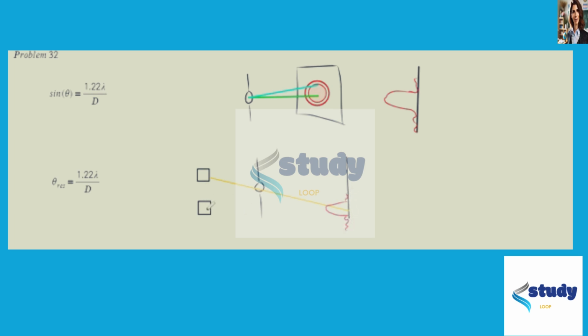And the same thing is going to happen for this second object. This second object is also going to be going through this hole here, and it's going to form a similar pattern on the other side. So at this angle, these two objects are clearly distinct on the screen.